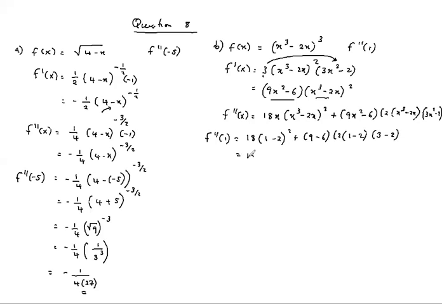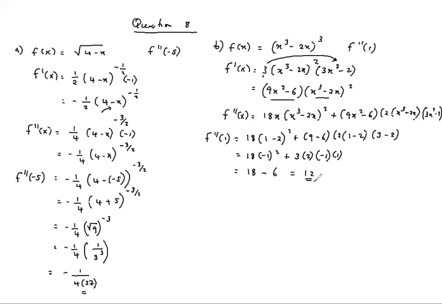So we're getting 18 times (-1) squared plus (9 minus 6, you get 3), and then (1 minus 2, you get -1), and (3 minus 2, you get 1). So you have 18, because (-1) squared is 1, and then minus 6. This gives us 12. So we get such.